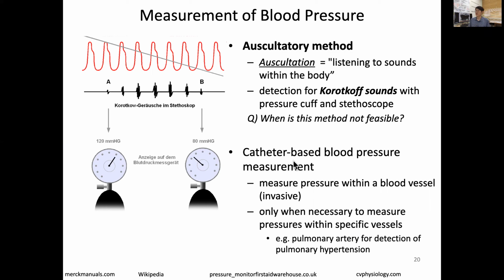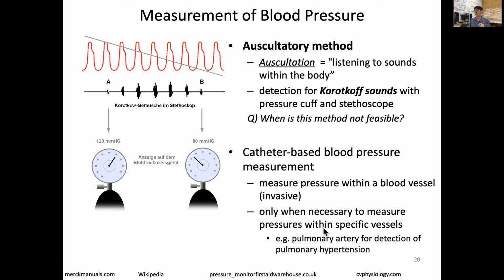On the other hand, there is a more precise measurement called catheter-based blood pressure measurement, where you measure blood pressure within a blood vessel. This is invasive, only used when measurement within a specific vessel is necessary.